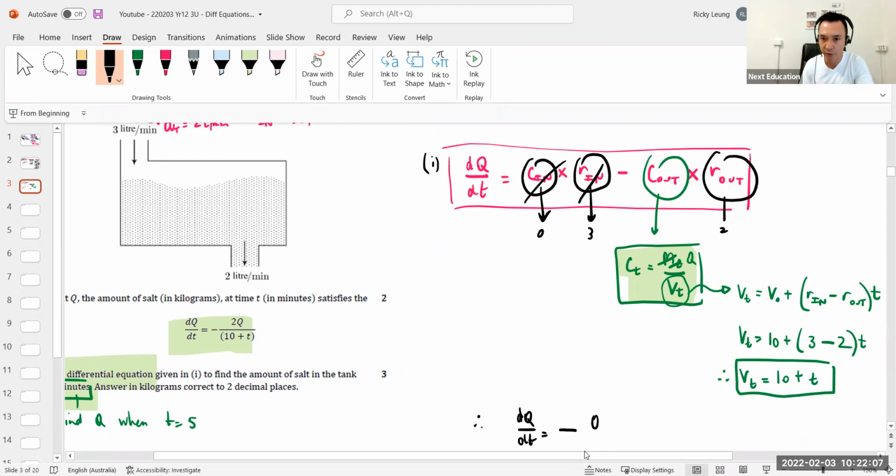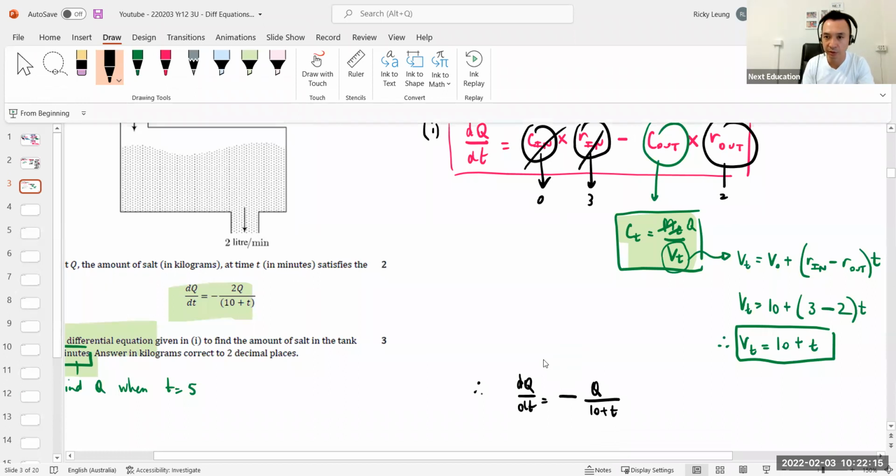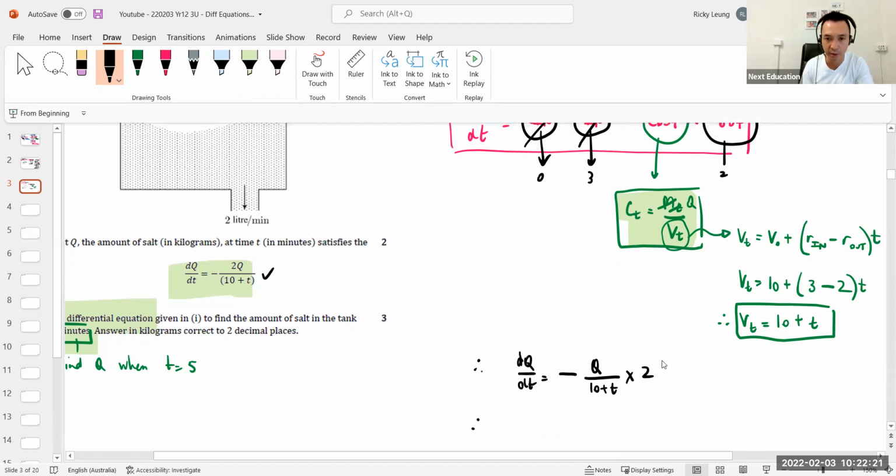Negative of Q on 10 plus t. Oh, sorry, so Q, I've got to times it by 2, so maybe I'll do that times 2, and then you can see that looks exactly the same as that. So I always copy the solution that the question is asking me to prove. So minus 2Q on, I'll even put it in brackets there, not that it matters.